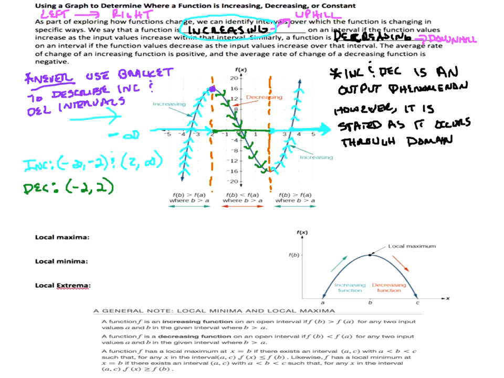You will always use parentheses, because at those turning points where it changes from increasing to decreasing, you just are. You're neither increasing nor decreasing at those points. So those are our increasing and our decreasing intervals for that function.